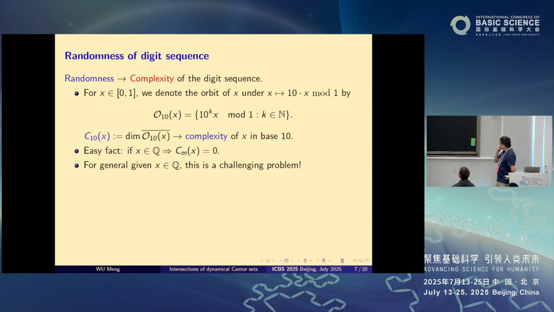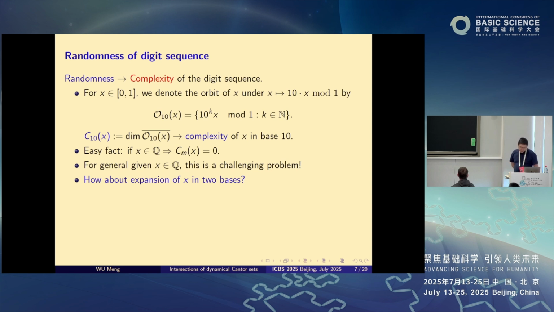But for a general, and especially for a given individual number, it is in general quite complicated to know the precise complexity of that number. So this is a hard problem.